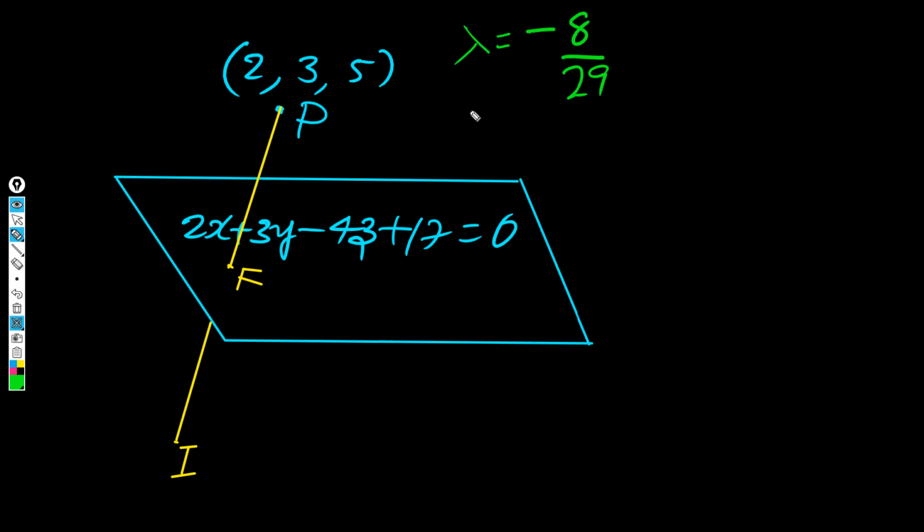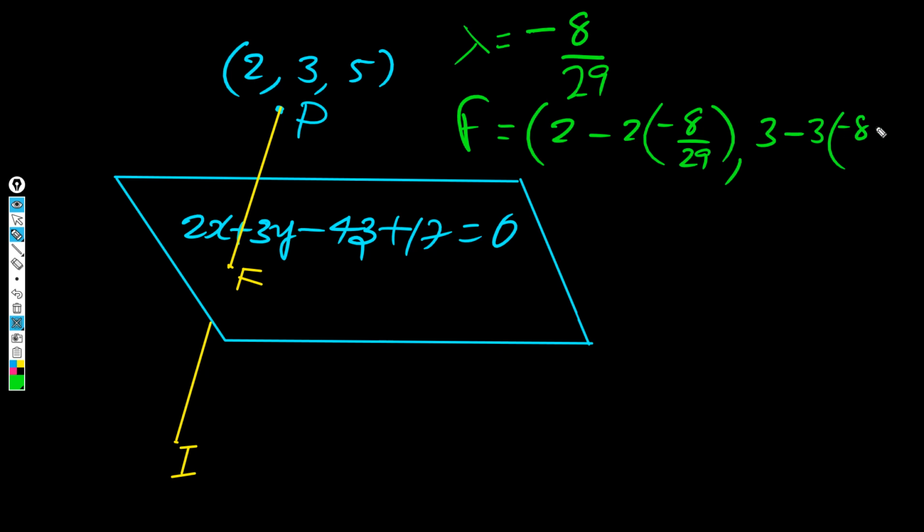Now we need the foot. What formula did I just tell you for the foot? x1 minus a lambda. What is x1 here? 2 minus 2 into minus 8/29. Next, y1 is 3: 3 minus b lambda, that is plus 3, so 3 into minus 8/29.